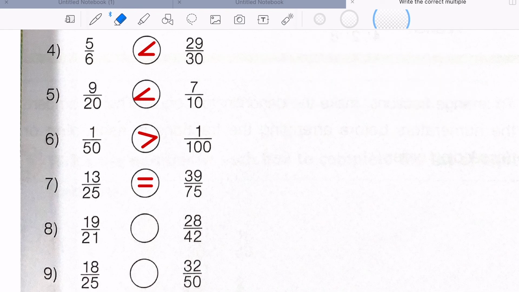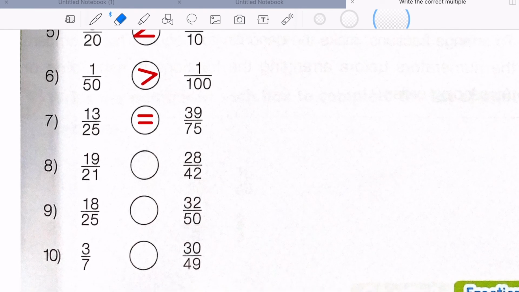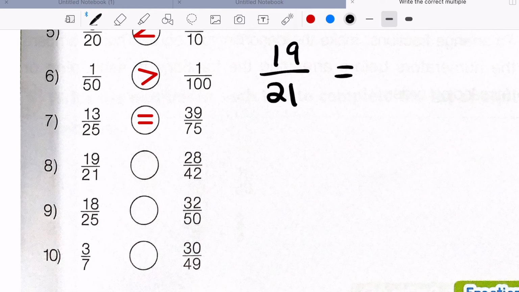All right, let's take a look at number 8. We have 19/21ths and 28/42, right? So we're going to turn 21 into 42. So let's write this down. 19 over 21, and we want to turn it into an equivalent fraction of something over 42.